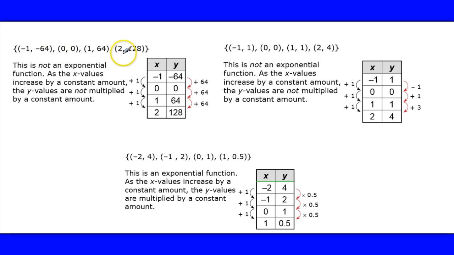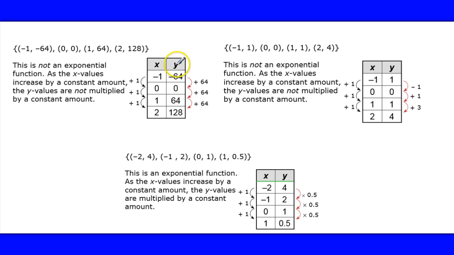I've given you an ordered pair for each one, and then I've taken the ordered pairs and put them into a chart. You'll notice with each one of these, the x values have an arithmetic sequence. +1, +1, +1, +1. So it's really all about the y's that determines if it is an exponential function or not. In this case, you had +64, +64, +64.